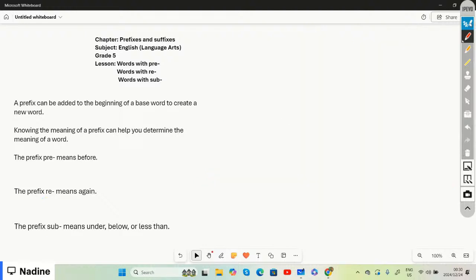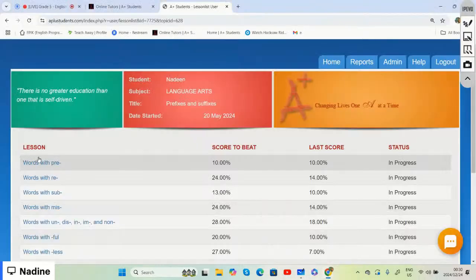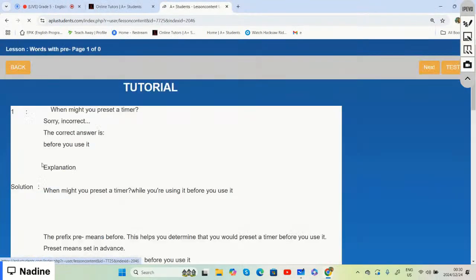All right, so now we're going to aplusstudents.ca, and we're going with words with pre, words with re, and words with sub. All right.